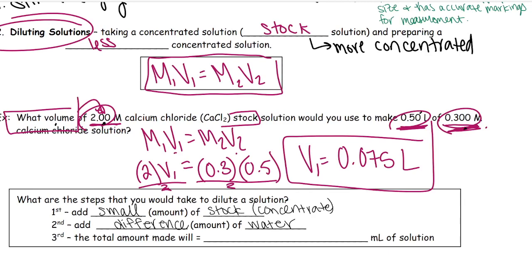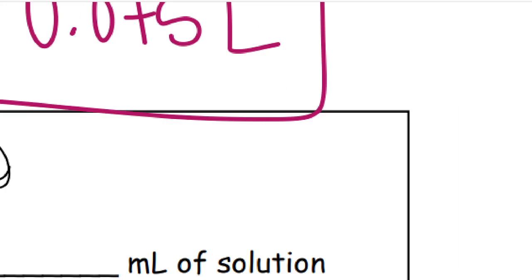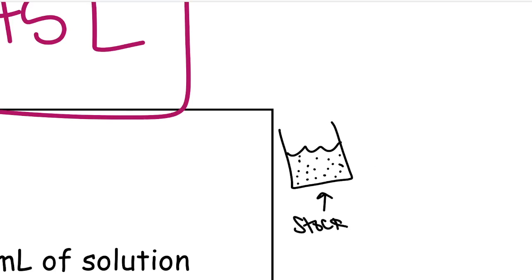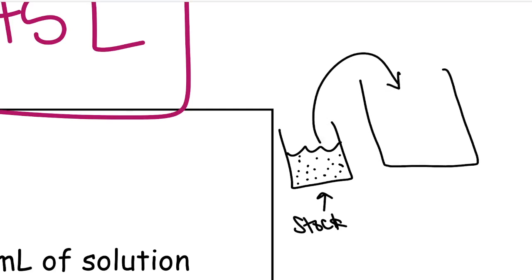So the reason that I'm saying that is because if you were actually to make this and you have your stock solution, I'll zoom in over here and draw a little picture for us. So if I have my solution and it's really concentrated, I know this picture is going to be tiny. So super concentrated solution, that's my stock solution. If I wanted to dilute it, I'm going to show my container being bigger. I would put my small amount of stock solution into there.